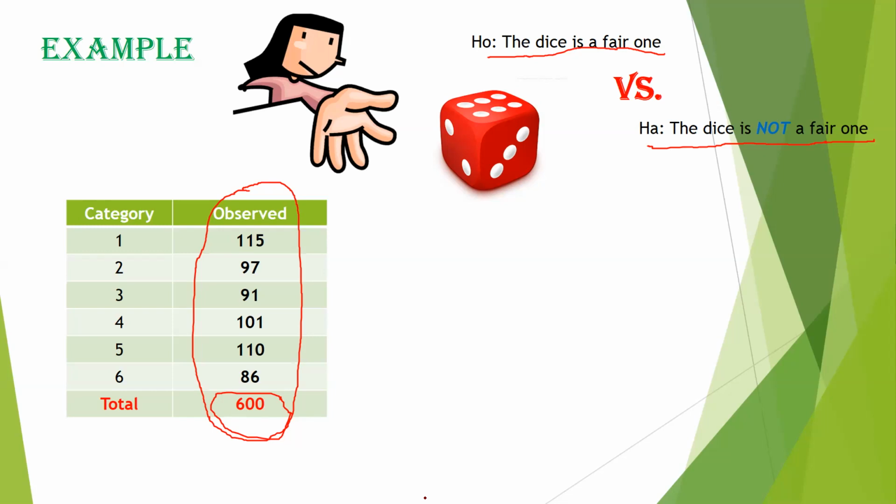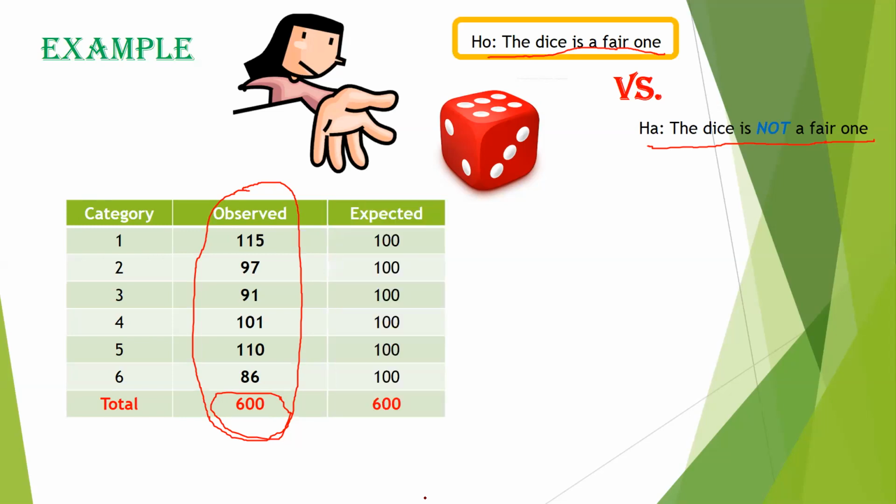But why is that? Actually, in your mind, you are comparing these numbers with these numbers, right? So what are these numbers here? These numbers are actually the expected numbers. What is the expected number? The expected numbers are what you would see if your null hypothesis is true.